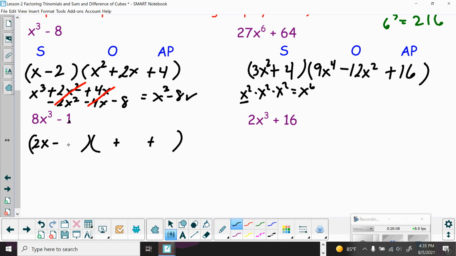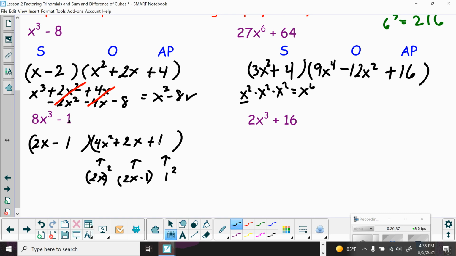The cube root of 1 is 1. 2x quantity squared is 4x squared. Then 2x times 1 is 2x. And then finally, 1 squared is 1.